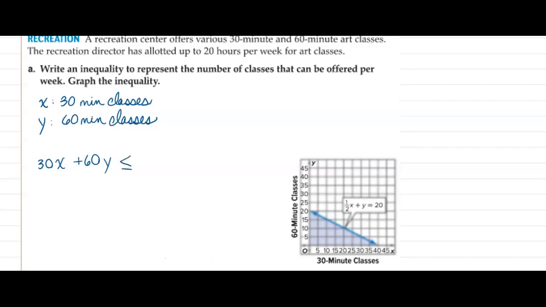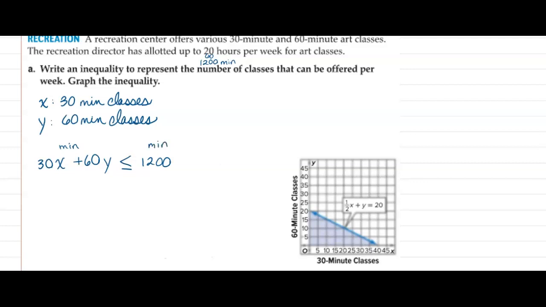But I can't have minutes on the left side of my inequality and hours on the right side. It won't work. So I have two choices. One option, I can change this into minutes by multiplying it by 60, and I get 1200 minutes. So now the left side and the right side are both in terms of minutes.